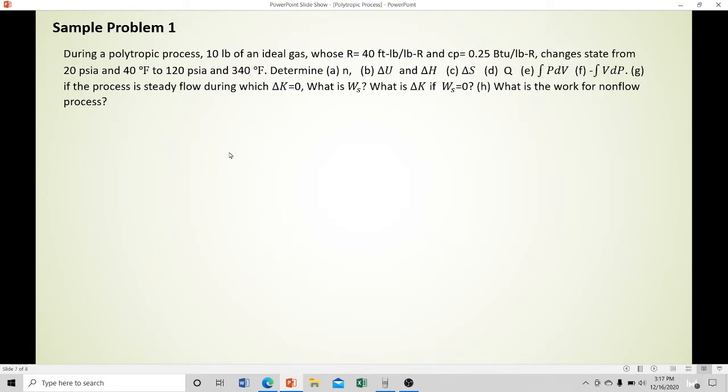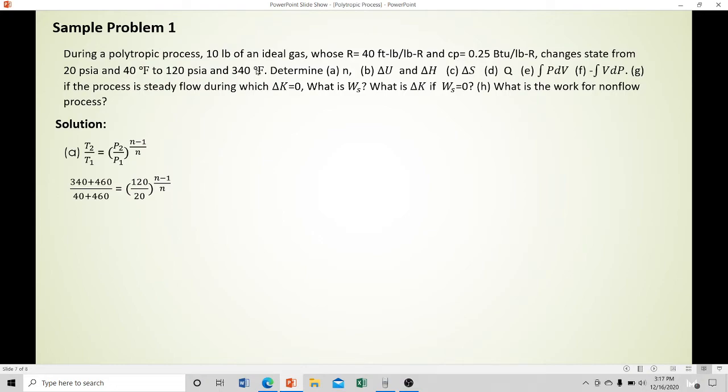So first, let us have the solution for A. By applying the ideal gas law, we have this equation: T2 over T1 is equal to P2 over P1 raised to n minus 1 over n. So now we have the values for the final temperature and the initial temperature, and for the final pressure and initial pressure.